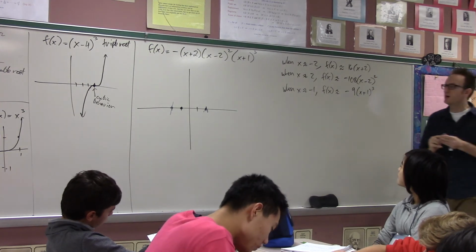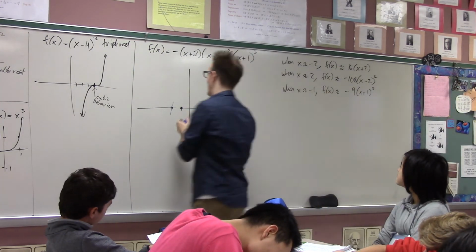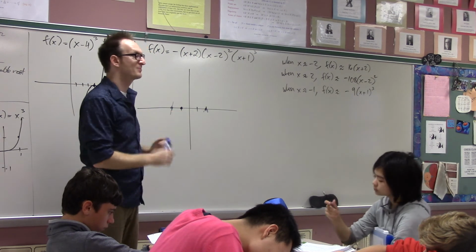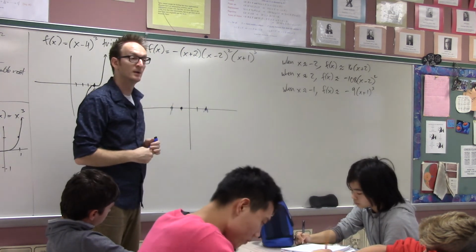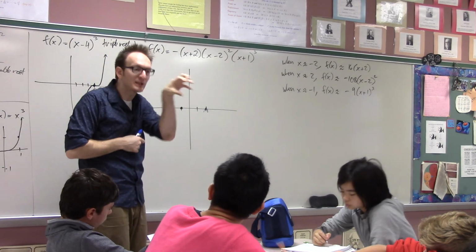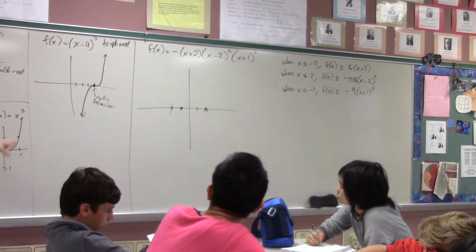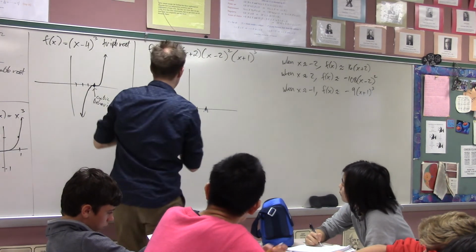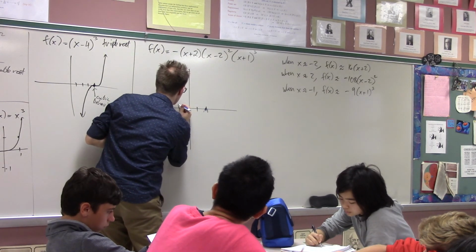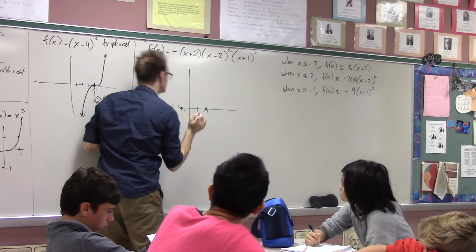And therefore, if I zoom in and zoom in and zoom in at -1, what should I expect this polynomial to look like there? It should look locally like x cubed, but flipped upside down and stretched out by a factor of 9. And so it's going to look like this. Yeah? All right.